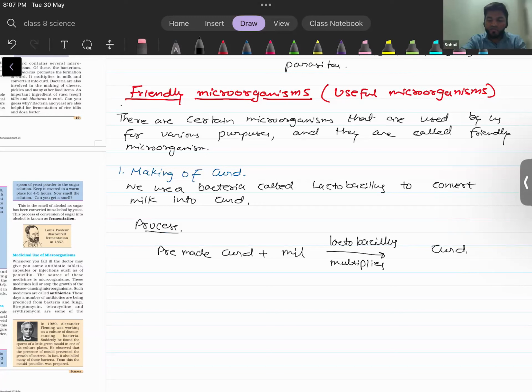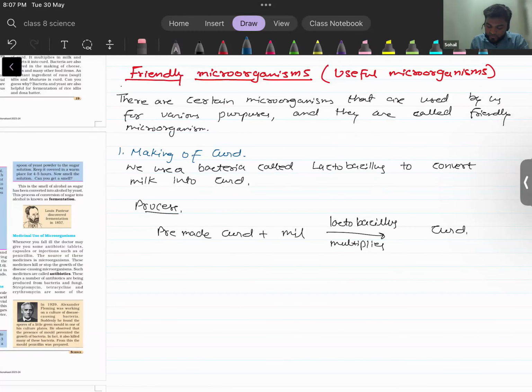And you see, curd is used in various dishes. Like if you consume idli, or if you simply consume curd in raw form, or with sugar added. Some of the important dishes have curd as a very important part. Now name some other utility of microorganisms.